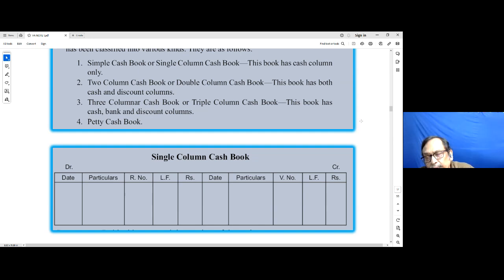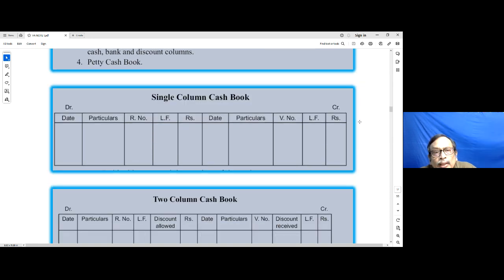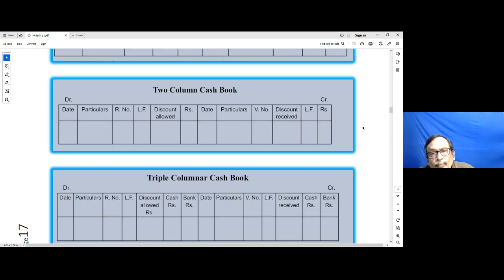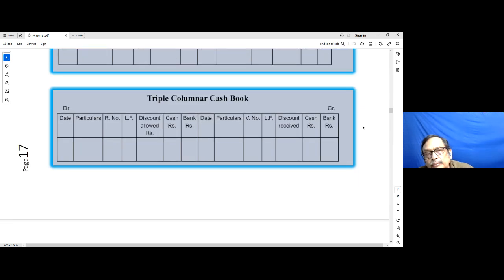Apart from that, there is another cash book which records petty, small transactions, that is called petty cash book. So these are the formats of single column cash book. Then we have two column cash book. Then we have three column or triple column cash book, where we have discount allowed, cash column, and bank column. Similarly, discount received, cash column, and bank column.